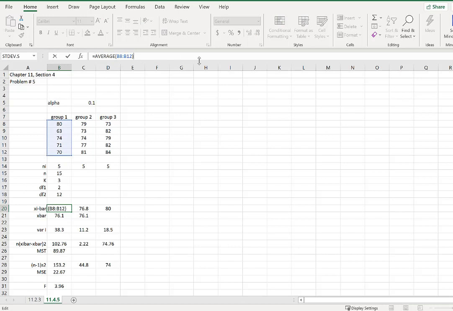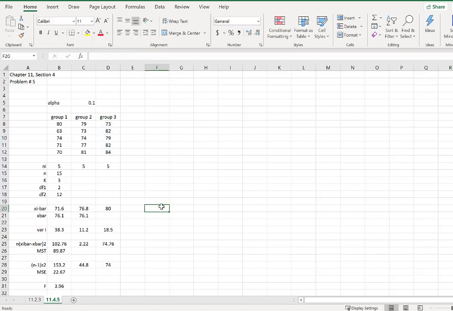So here it's doing the average of the sample set from B8 to B12. Then I copied that over for group 2, and the same thing doing the average for group 3. So my three different averages look a little different. I've got a 71.6, a 76, and an 80. Those seem a little different.